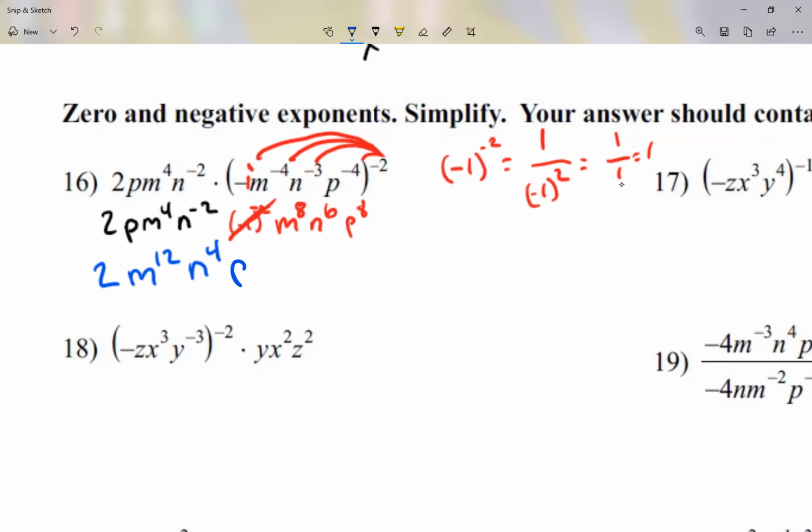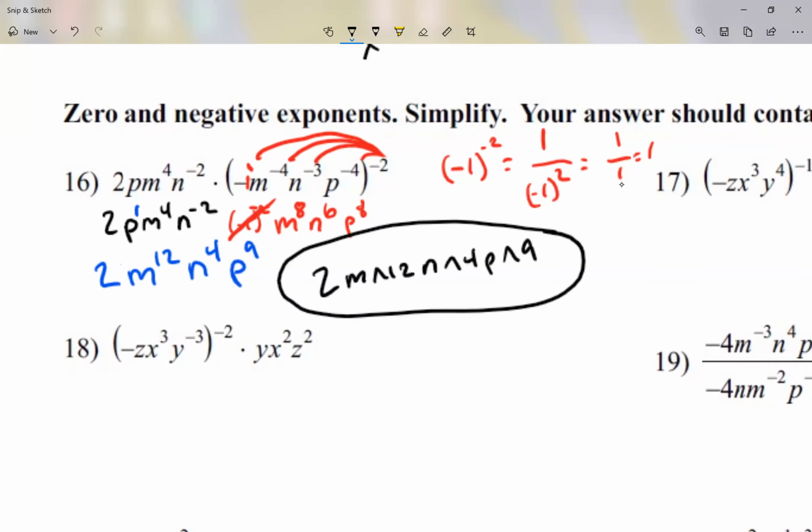And then p to the 9. Notice I added my exponent. Remember, the p at the very beginning technically is a p to the 1. So the way I'm going to type this, I'm going to do 2 m to the 12, n to the 4th, and p to the 9. The nice thing is that they were all positive exponents.